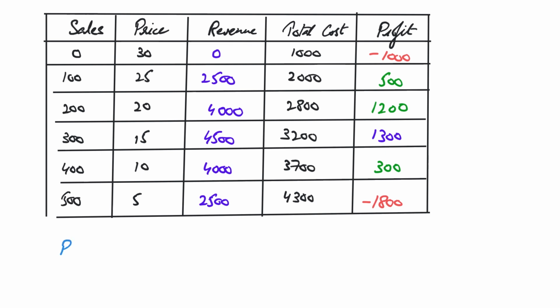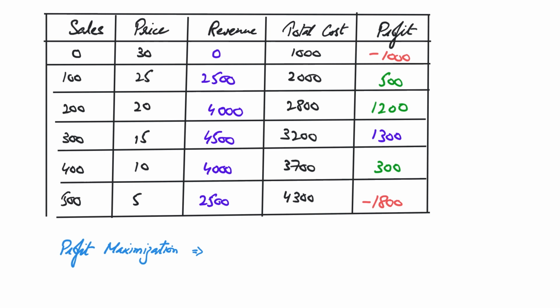1300. So how do we define profit maximization? You should be able to not just define what profit is. Like I mentioned, profit is the financial gain. It is calculated through revenue minus the total cost.